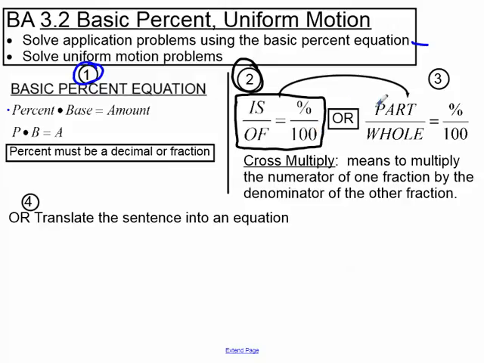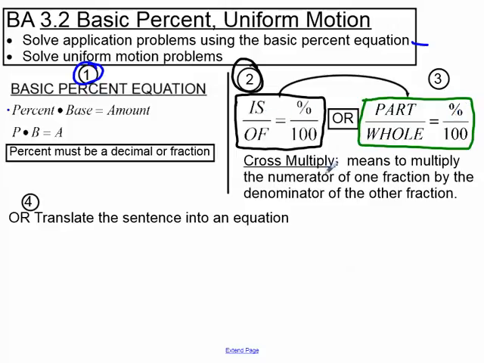A similar way would be part is to whole as percent is to 100. These are essentially the same, these two, because the is is the part of whatever you're talking about. The of is the whole of whatever you're talking about, and the 100 is 100, and percent is percent. And you solve for any one of these, part or whole or percent in the green, or in the black you solve for is or of or percent.